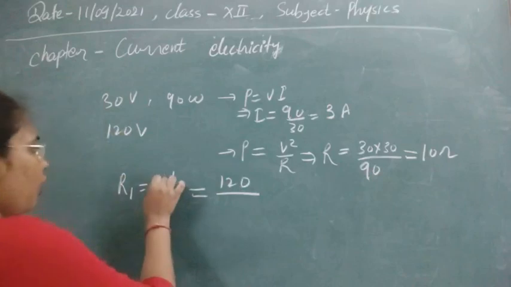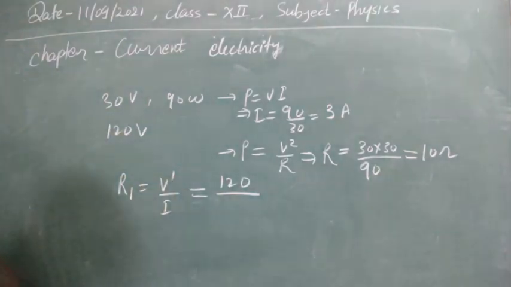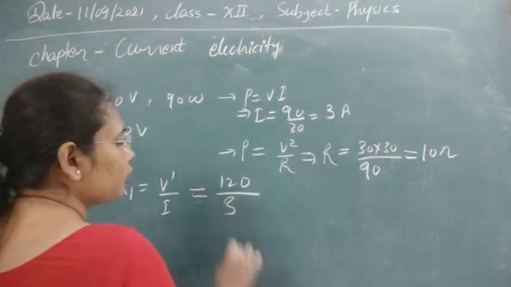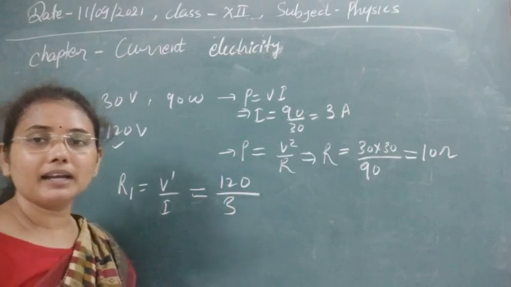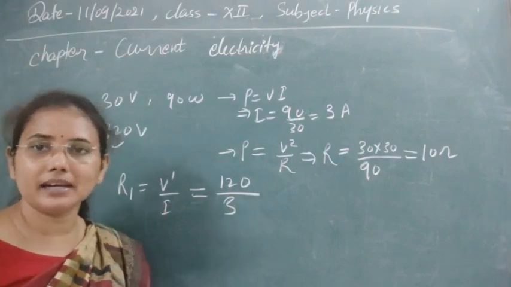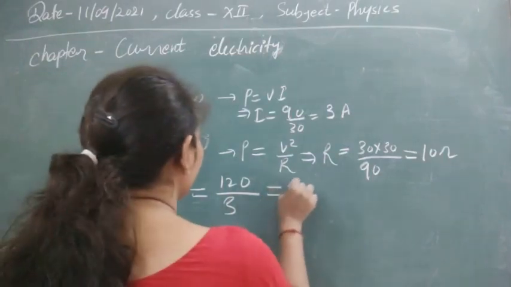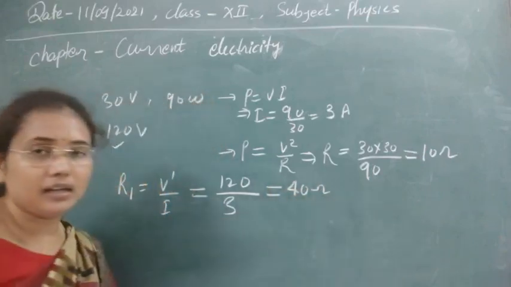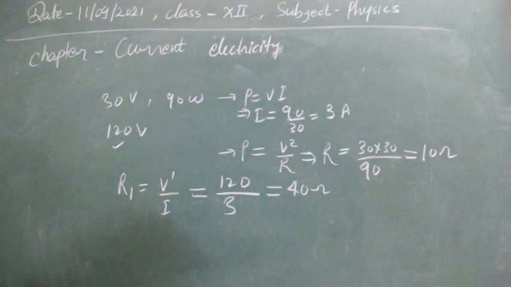As it has to be operated on the potential of 120 volt, the potential of the DC line, here it will be 120 volt, and I is the same, because for the proper glow of the bulb we are connecting it in series, and in series the current is the same. Now if you solve it, it is obtained as 40 ohm, the resistance that we have to maintain.